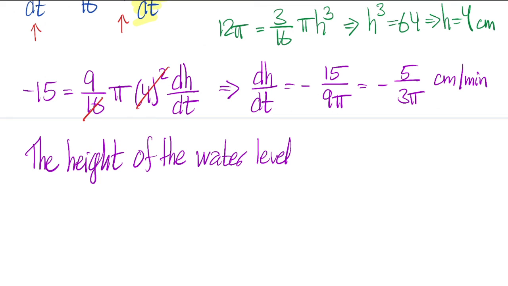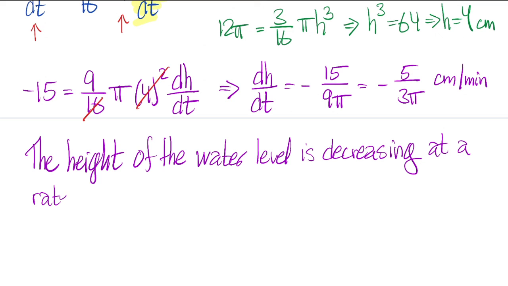So the height of the water level is decreasing at a rate of 5 over 3 pi centimeters per minute.